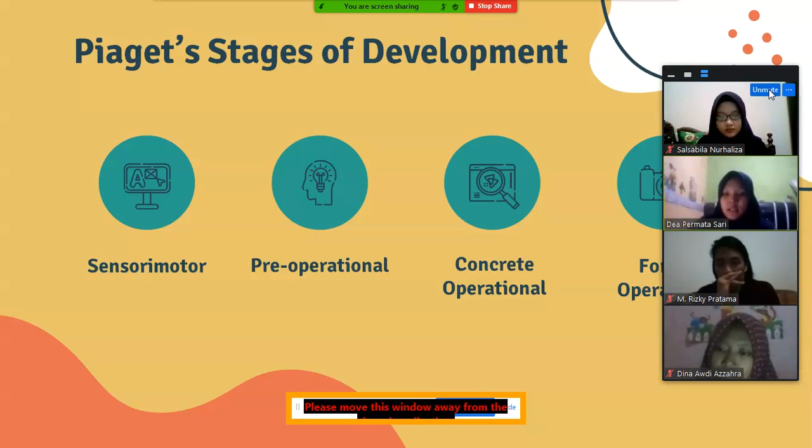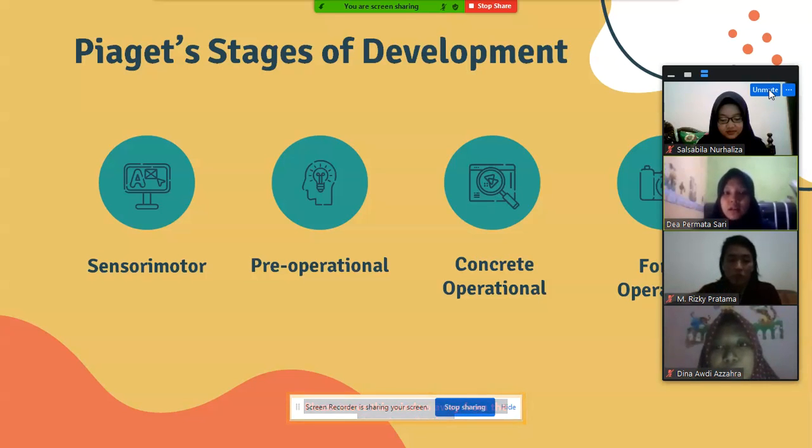And the last is the formal operational stage. Approximate age is from 11 years to adulthood. Sometime around the onset of puberty, children's thinking begins to develop into the form that is characteristic of adults.